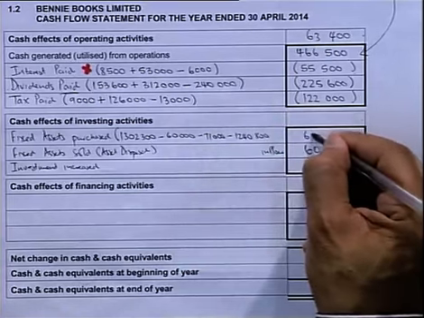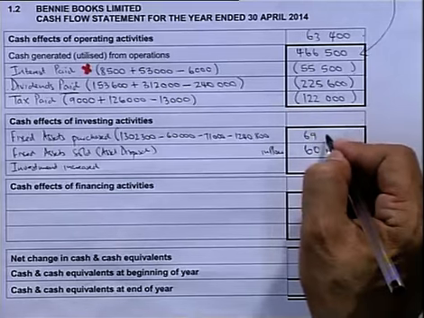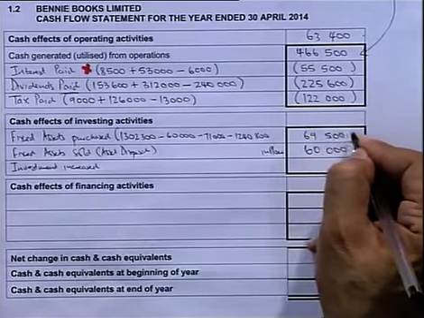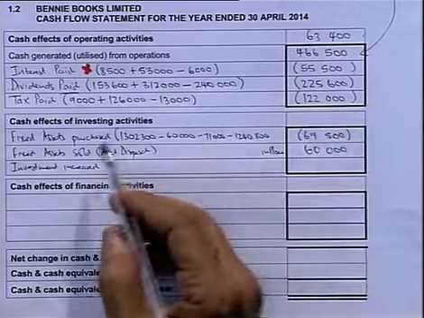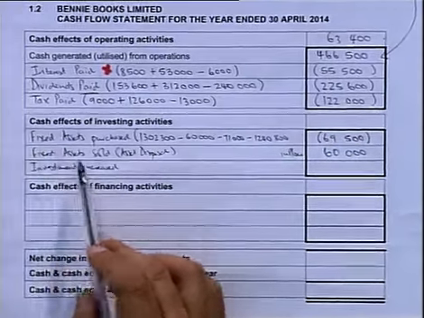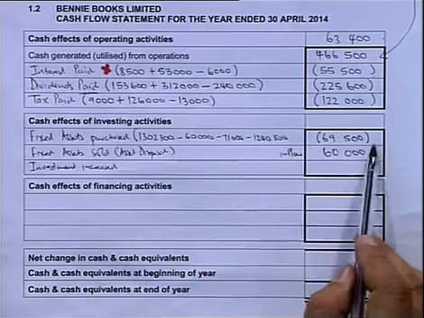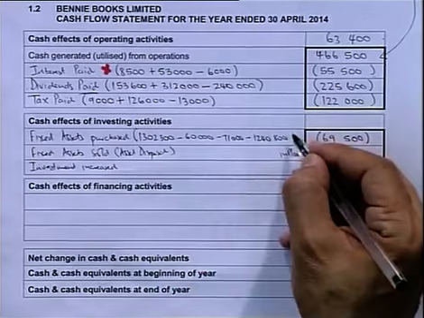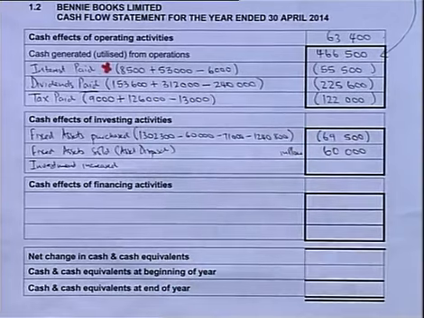Then we'll get 69,500. The 69,500 will go in brackets because when we buy fixed assets, we're spending money, so it will be seen as a cash outflow.